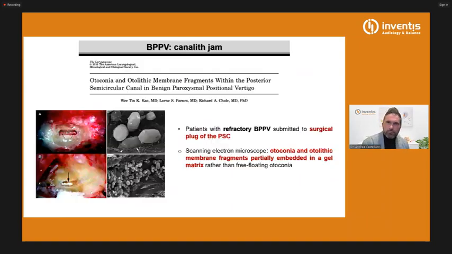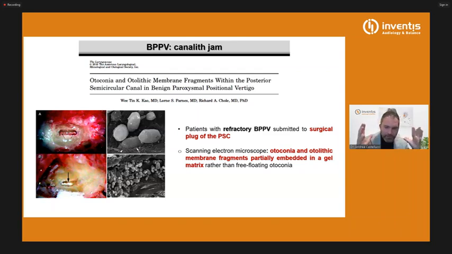Actually, we can say that they are not that rare, because this is a nice paper where these colleagues from the US collected patients with refractory BPPV, and they submitted these patients to a surgical plug. And they scanned the part of the canal that was plugged with the electron microscope, and they found otoconia and otolithic membrane fragments that were partially embedded in a gel matrix rather than free-floating otoconia.